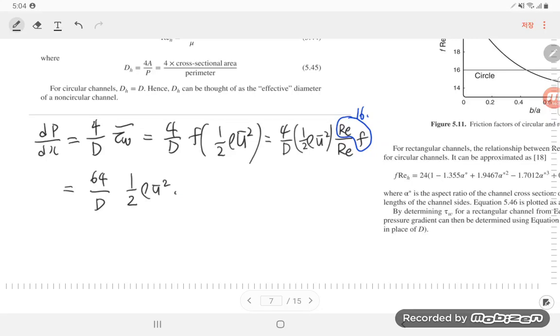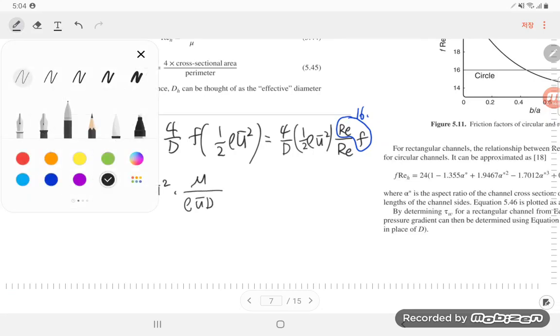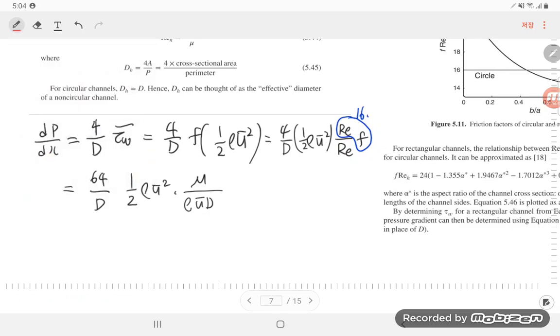And if we write down the Reynolds number in here, rho u bar d over mu, then we can cancel out these, okay, 32 and rho, and u in here, and finally we get 32 u bar mu over d squared.